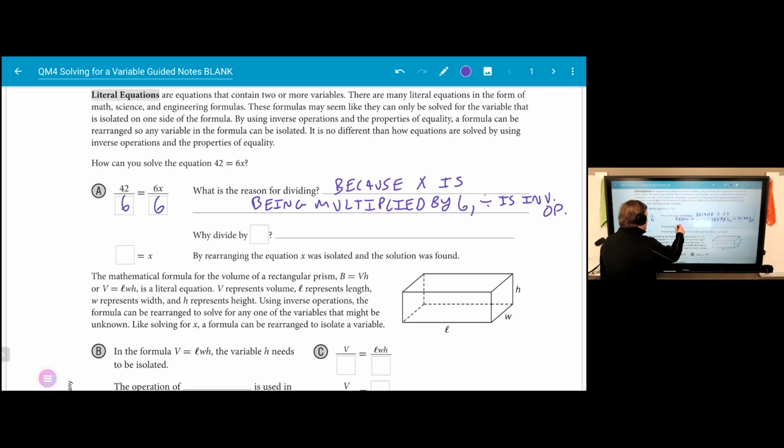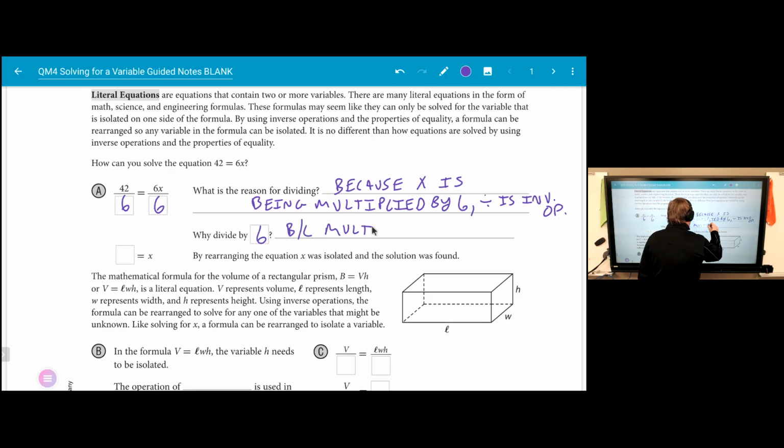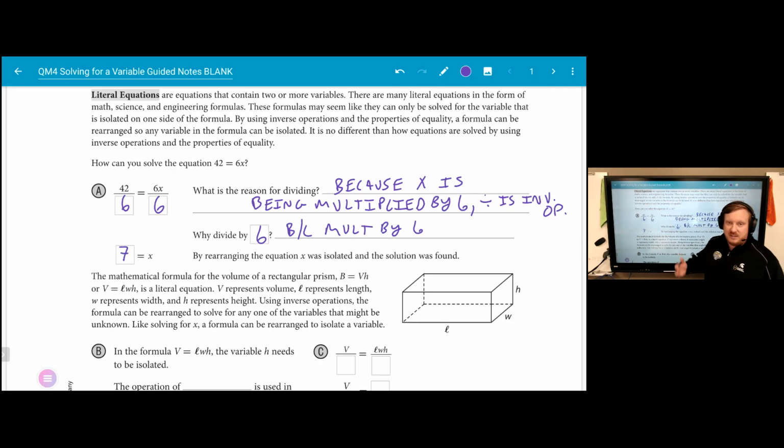Why are we dividing by 6? Because we were multiplying by 6. And if I do that, 42 divided by 6 happens to be 7. So we rearranged the equation so x was found. We got x equals something.